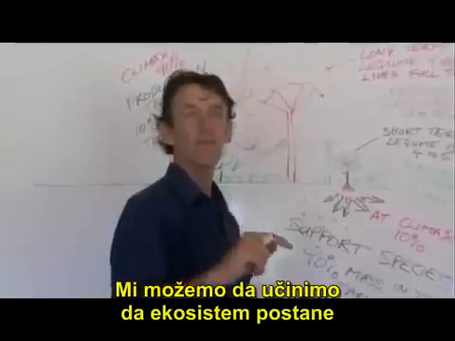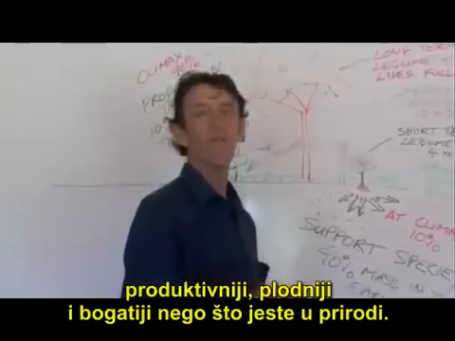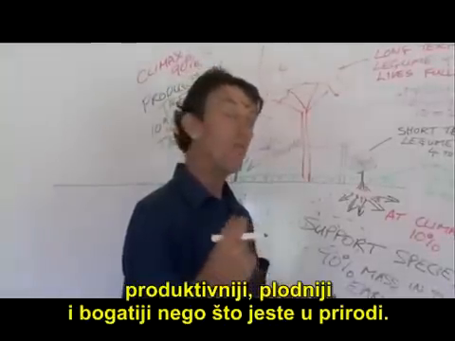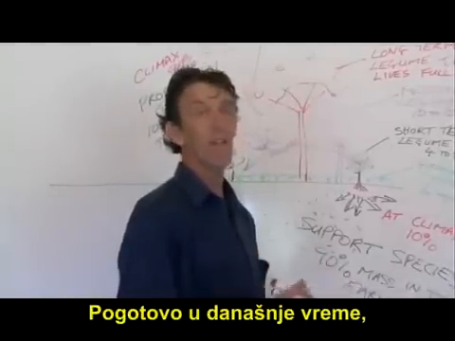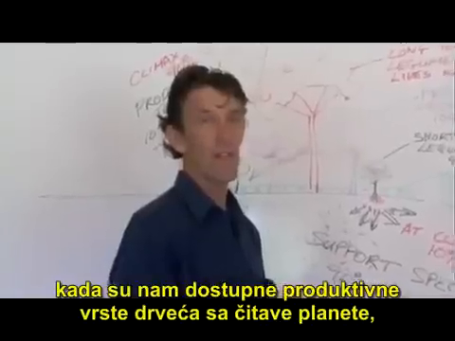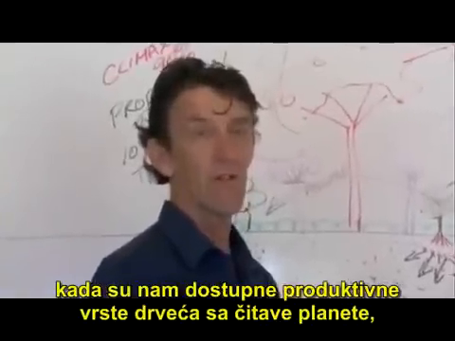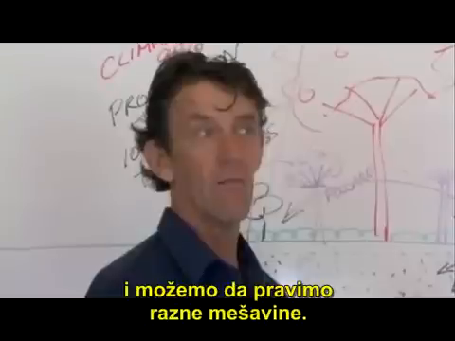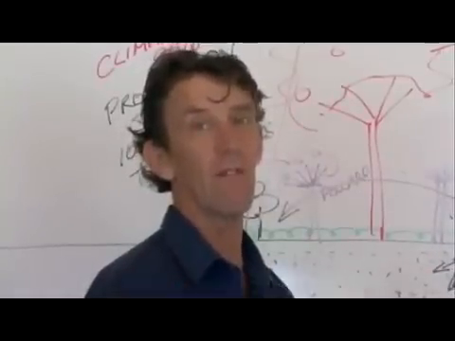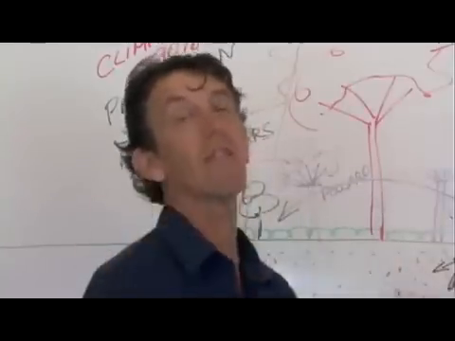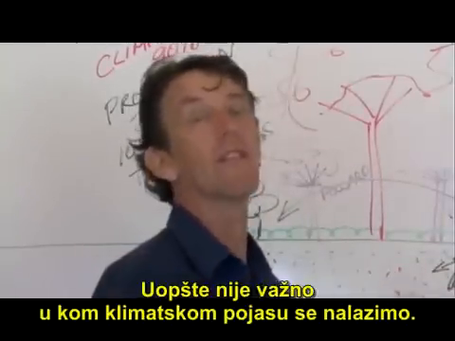You can make systems more productive, more fertile, and richer than nature itself. And especially now, where we have the world's species of productive trees and plants, more and more we have collections of mass diversity from completely around the globe that we can put into these mixes.